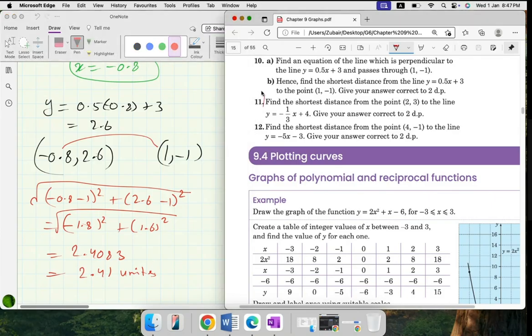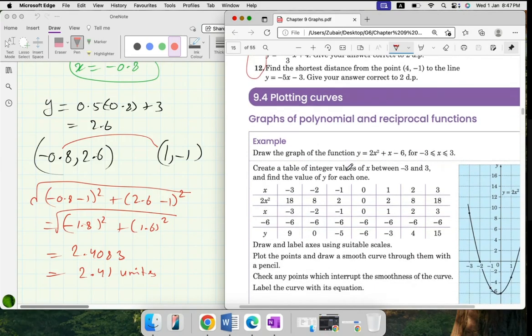Now these two are again the same as 10. The question is lengthy, so do try it in your free time. What we will be looking at in the next class: first of all, if you have any problems, we'll discuss them. And then plotting of curves.